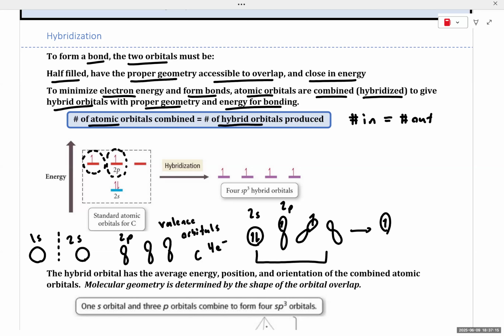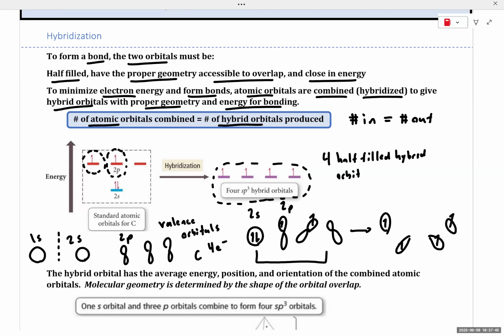These hybrid orbitals, importantly, have the correct geometry, occupancy, and position for efficient bonding. So now, as you can see, looking at the carbon hybrid orbitals, we have 4 half-filled orbitals. These are hybrid orbitals. Ergo, we can form potentially 4 sigma bonds.